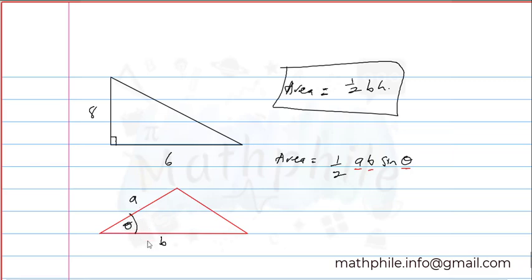This is saying that the area of the triangle is basically 1 over 2 AB sine theta. Okay, so this is the best way to find the area of a triangle when the sides are given. I think there are a lot of ways. I can think of 4, 5 different ways of finding the area of a triangle. Yes, but this is so far my favorite.